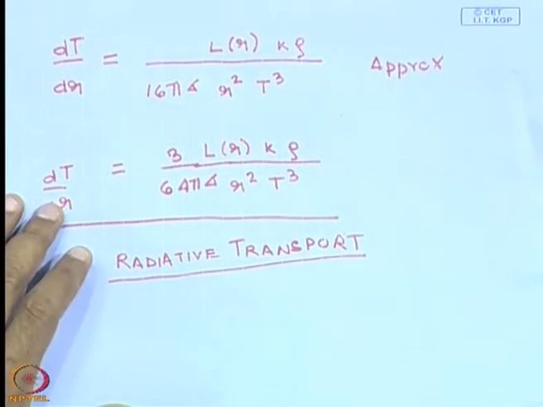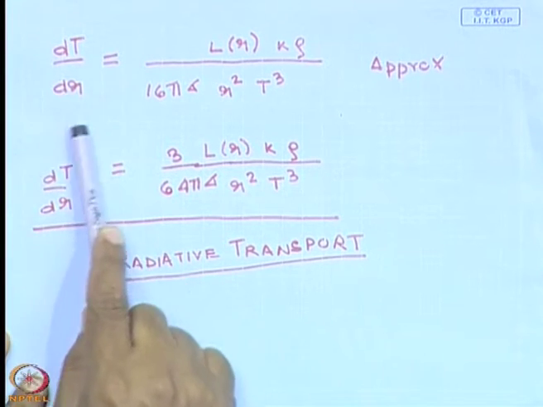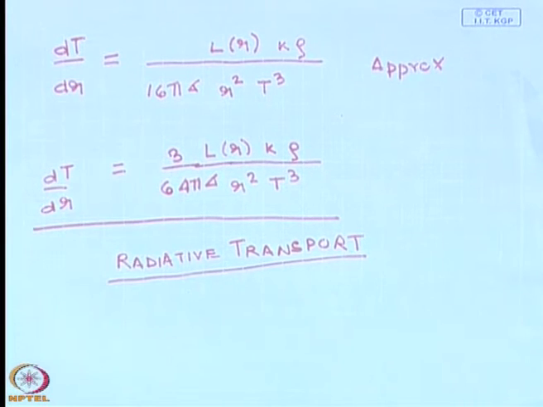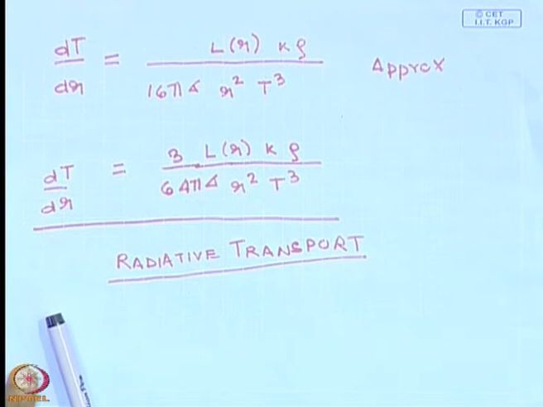And the fourth equation, which we were discussing, tells us how the temperature changes along the radius of the sun. And this, we had discussed, is determined by the energy transport mechanism. In the last class, we were considering a situation where the energy is transported through radiation.